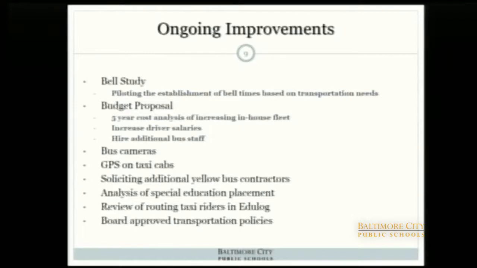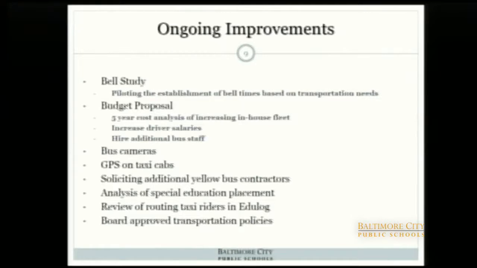So for the budget proposal, we're working on a 5-year cost analysis of increasing the in-house fleet, which would allow us to operate a lot more buses than what we currently have, as well as increase driver salaries. That's one thing that we've always pushed, that we can't look to increase the in-house fleet until we raise our driver salary, because currently we have counties in Maryland with a lower cost of living that pay their drivers $5 to $6 more than we pay ours.